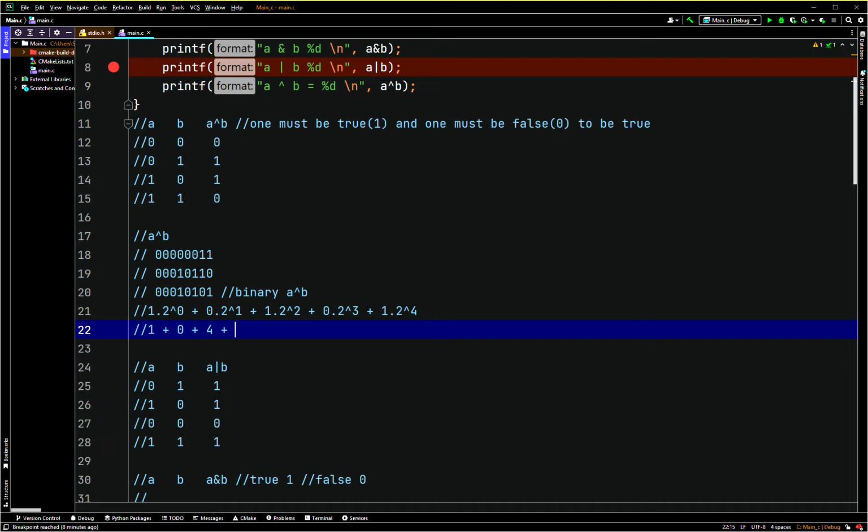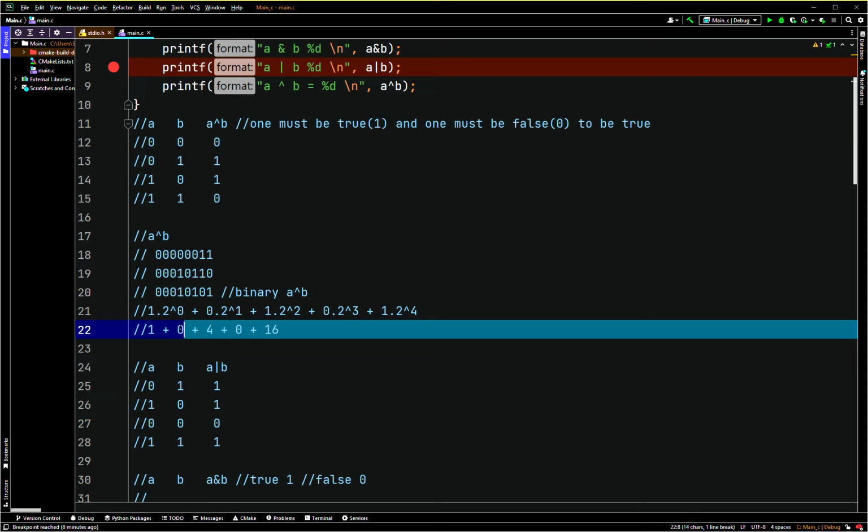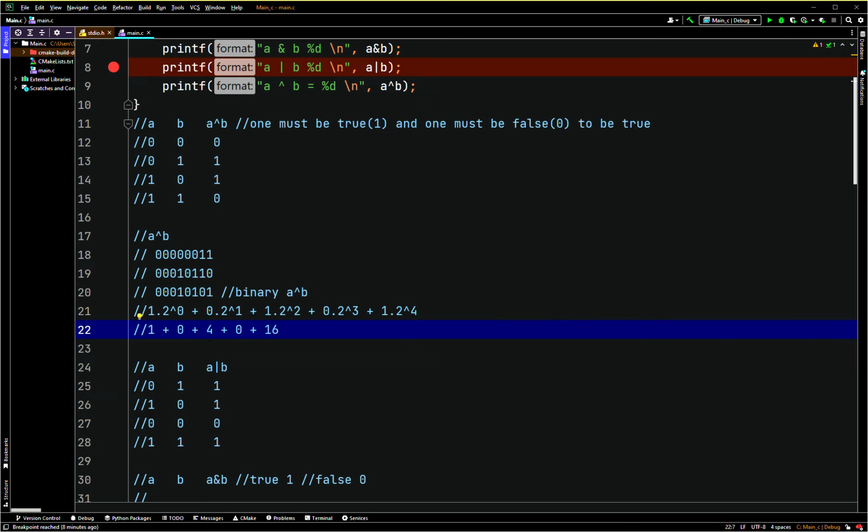Plus 0 times 2 to the power of 3. That's going to be 0. Plus 1 times 2 to the power of 4, so that should be 2 times 2 is 4, times 2 is 8, times 2 is 16, times 1, so 16. So 1 plus 0, which is 1, plus 4 is going to be 5, plus 0 is 5, plus 16 should be 21. So the answer should be 21.